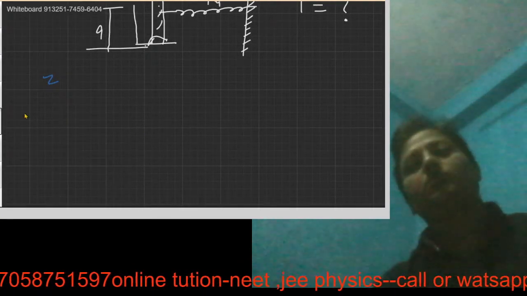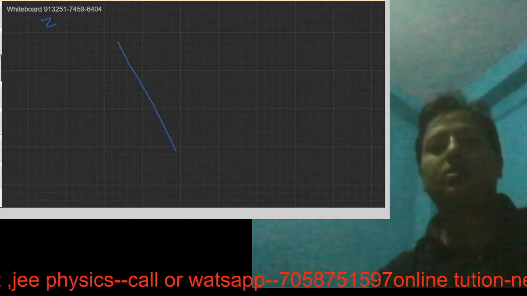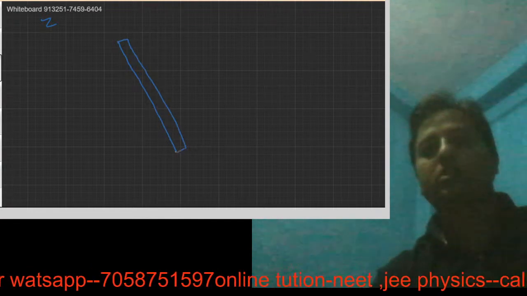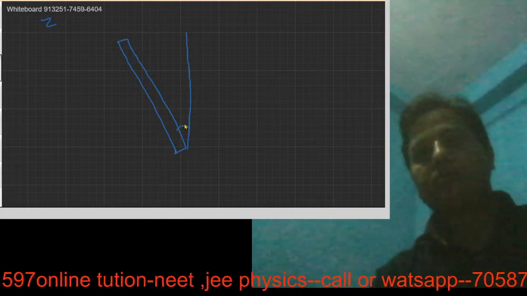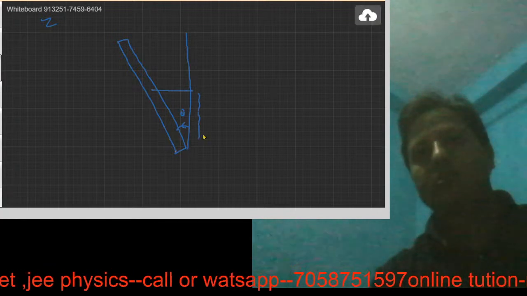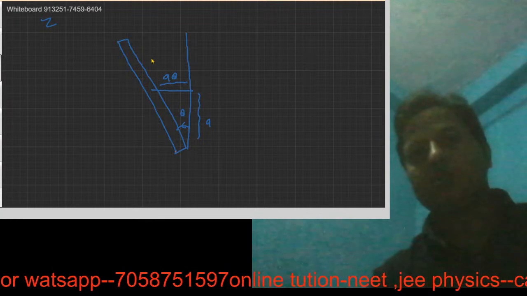We have to apply the same process. The rod is displaced: we rotate the rod by some angle theta. So this distance is A, and this length is A into theta.